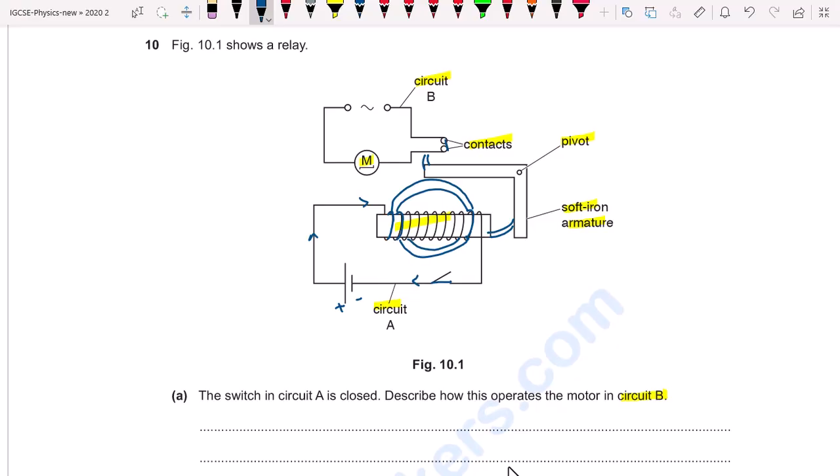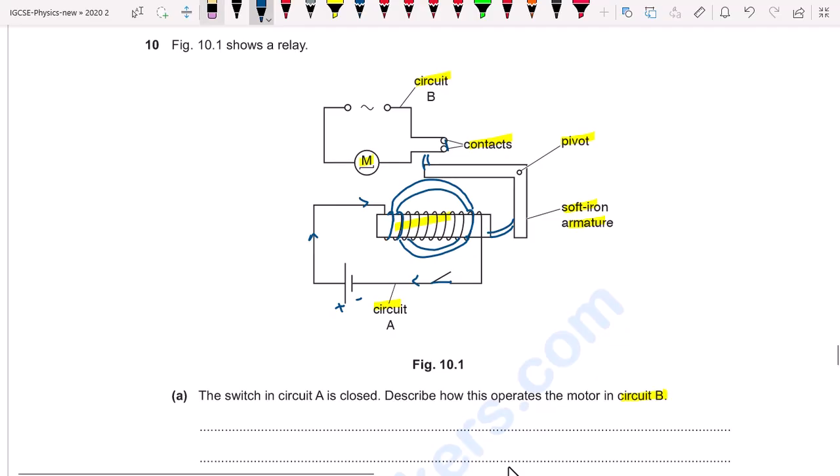And when this becomes a closed circuit, of course there will be current in circuit B and the motor will work.